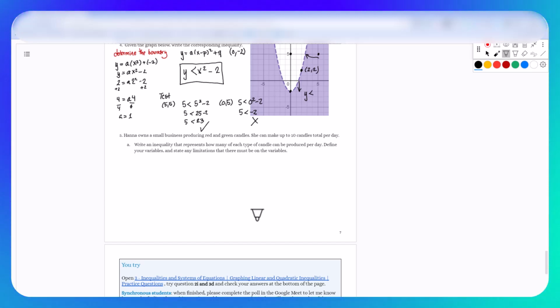Define your variables and state any limitations that there must be on the variables. Well, we have two things happening here. They tell us the kinds of candles, red and green, and they say she can make up to 10 candles.